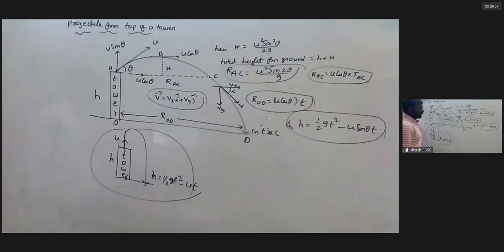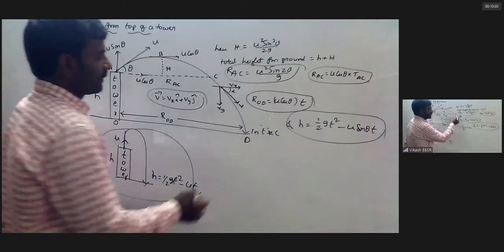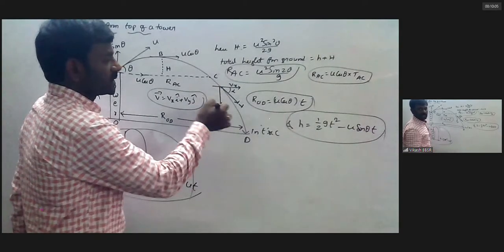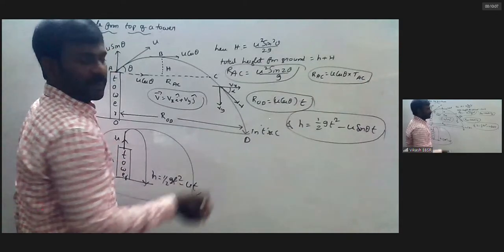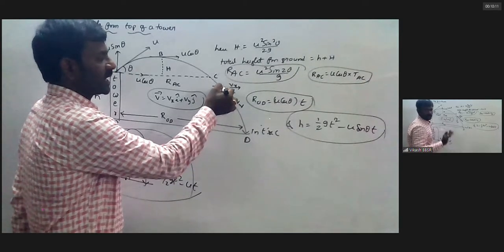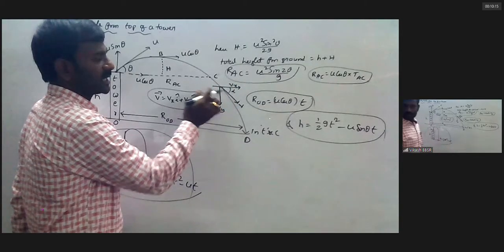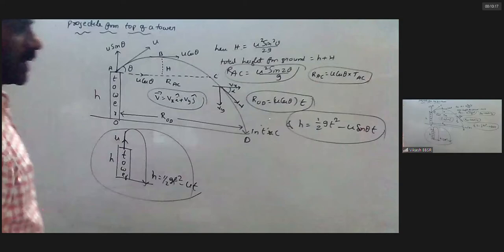For example, if they ask you to determine the radius of curvature at any point, what do we do? Centripetal force is equal to V square by R. But suppose here there is g cos alpha. The procedure is the same as in objective projectile. Okay.